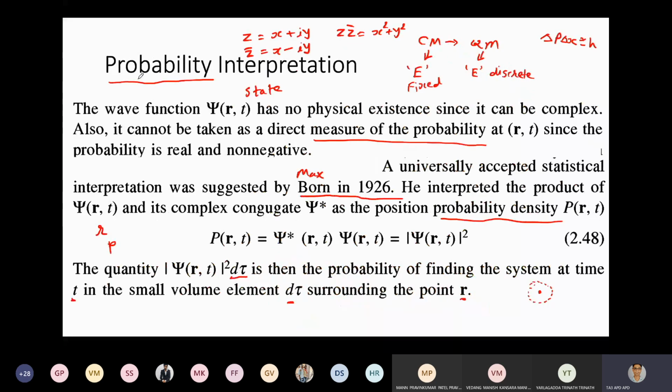Okay. And then we discussed about the probability, how the probability of finding a particle is interpreted. And we said by Max Born, he actually introduced this concept of probability by simply multiplying the wave function by its complex conjugate. So that was a probability density. And then you multiply it by the volume element d tau, it is called probability. So probability of finding the system in the given region, small volume element d tau in given time t.